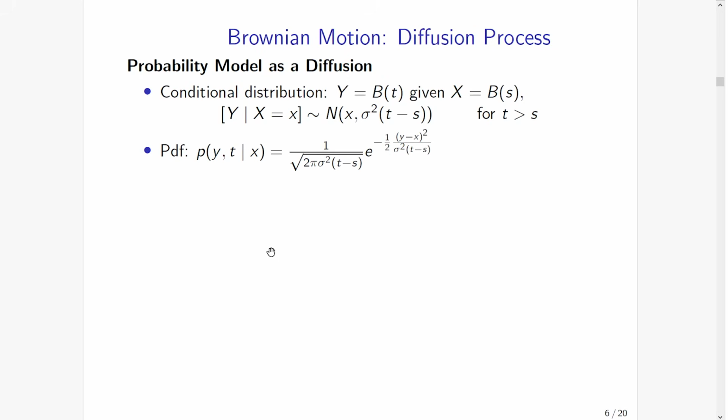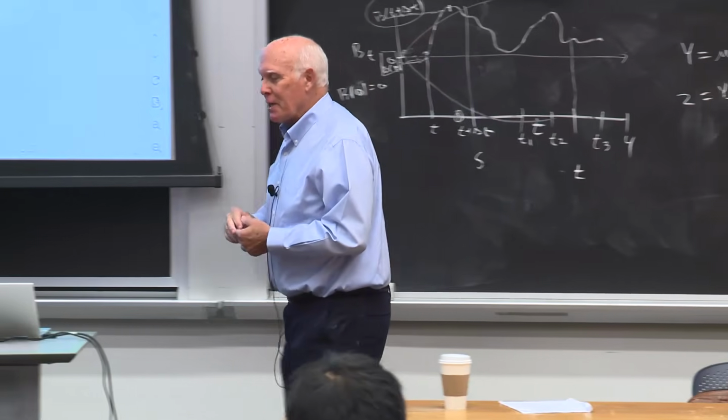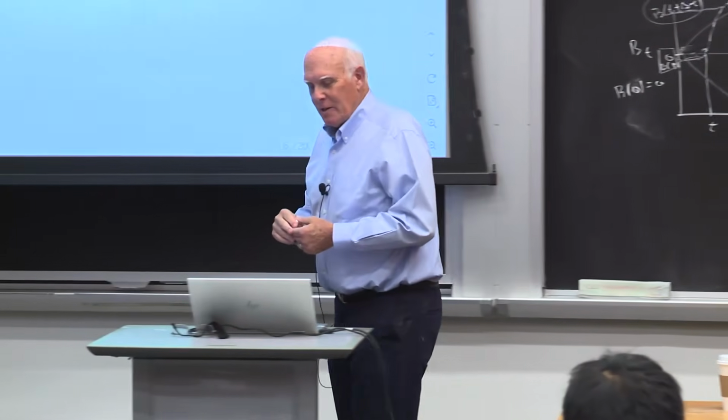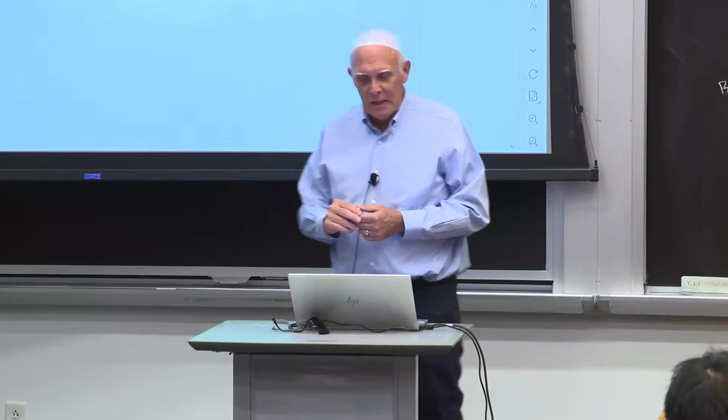Now, with this probability model, it turns out this density function satisfies the diffusion equation. And the diffusion equation is going to arise again and again in this course, especially when we get into the valuation of derivatives.